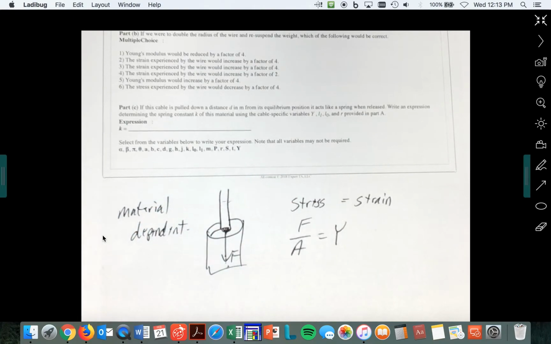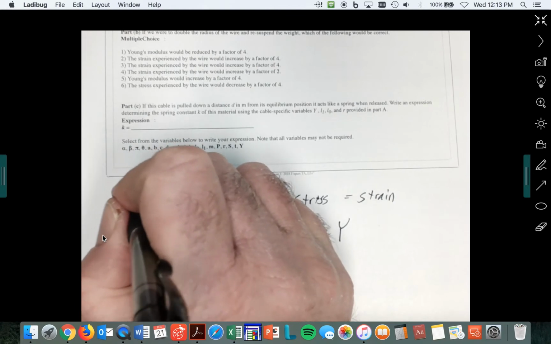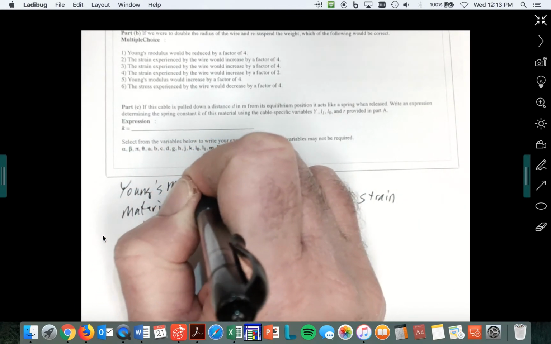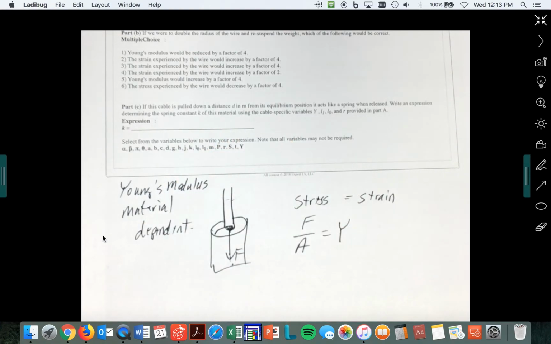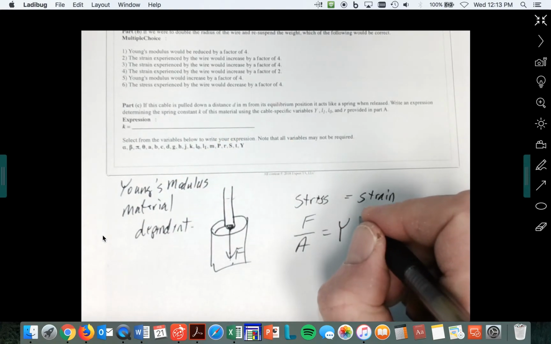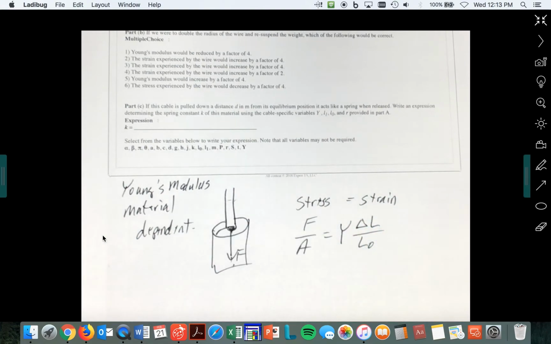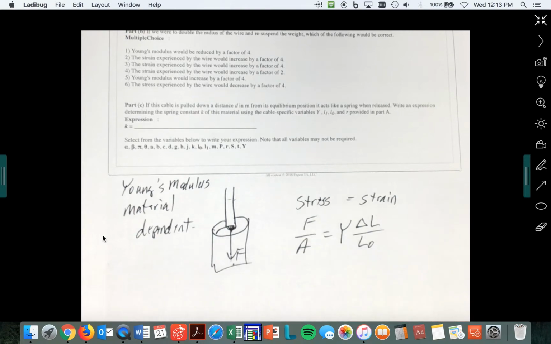The strain is equal to the change in the length divided by L naught. So this thing got stretched and it changed its length. And they want us to find Y.